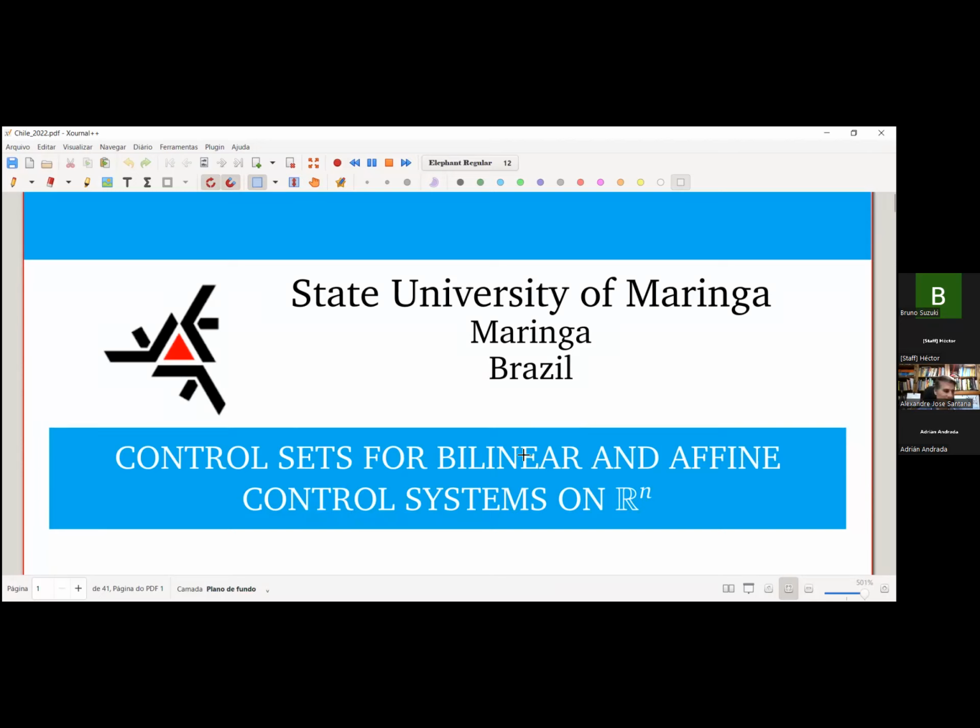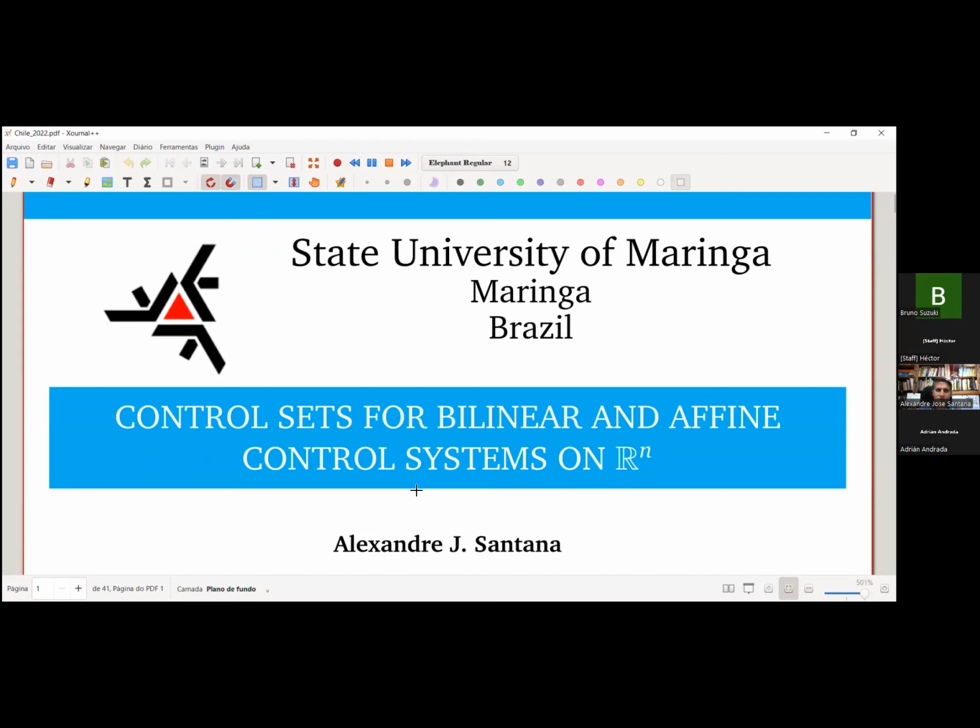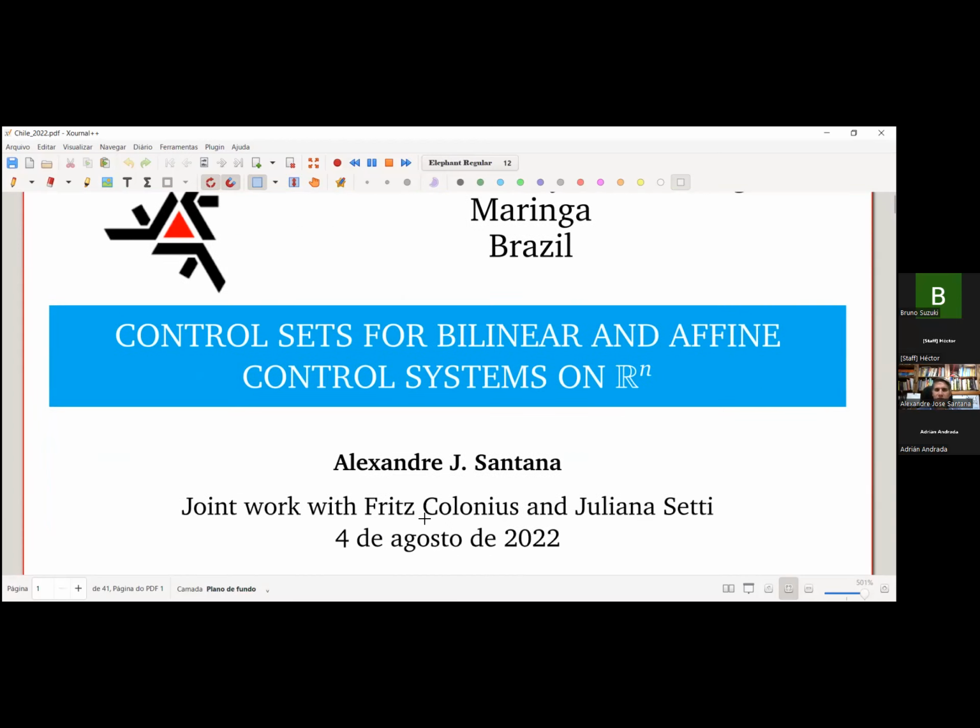So in this talk, I will present some geometric idea about this result, because I think that in this geometric session, the more important thing in this work is to present the geometric idea. This is a joint work with Professor Fritz Colonio and my student Juliana Sett.